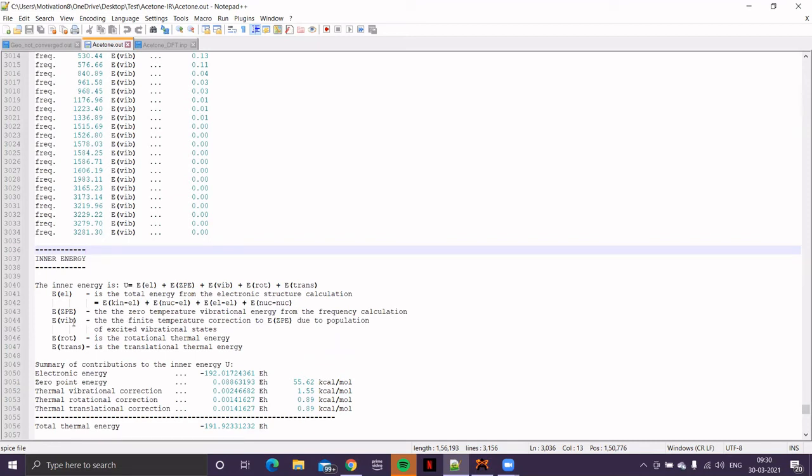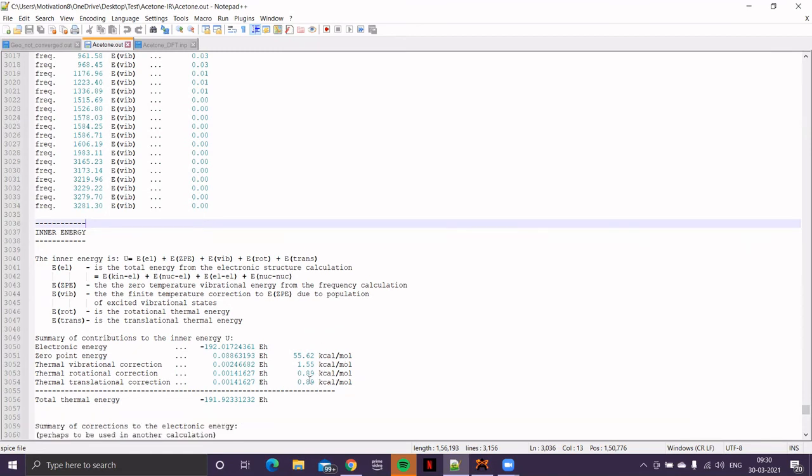Then there is the energy due to vibrational motion, and then the energy due to rotational motion and translational motion. Remember that value? Rotational and translational, each one is 3/2 RT. Since we are taking the unit kilocalorie per mole, 3/2 RT will be 3/2 into 1.98 into 10 power minus 3, that's the universal gas constant, multiplied by 298.15.